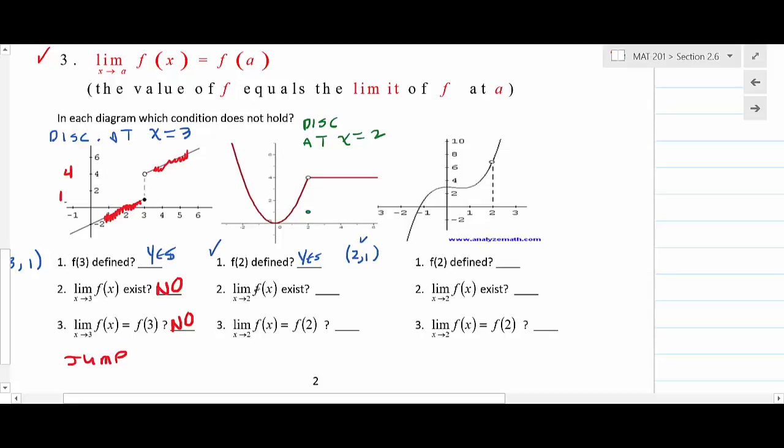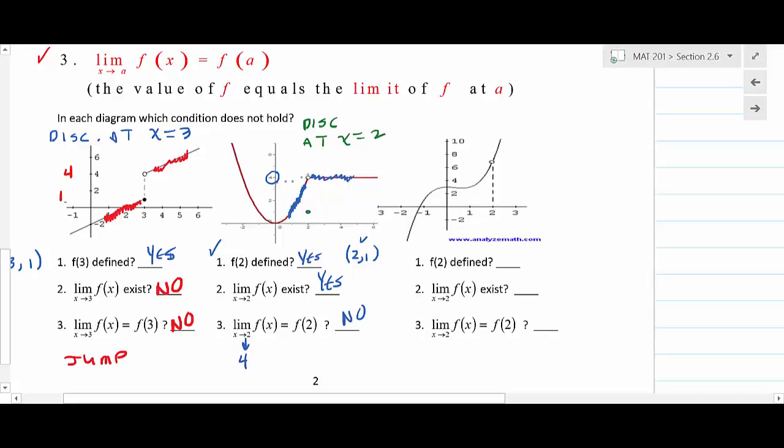Next question is, does the limit exist? If you did a left-hand limit, notice that it seems to be approaching 4, and the right-hand limit also seems to be approaching 4. So yes, the limit exists, there's no doubt about that. It's okay that there's a bubble there. But the problem is, does this limit equal the function value? This is the one that does not hold, because the value of the limit is 4.